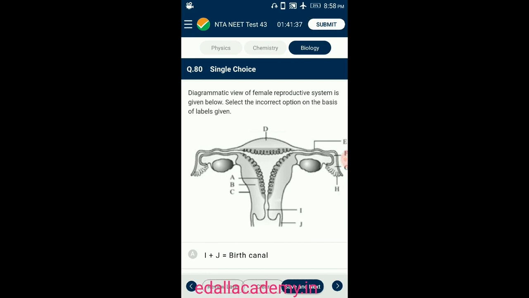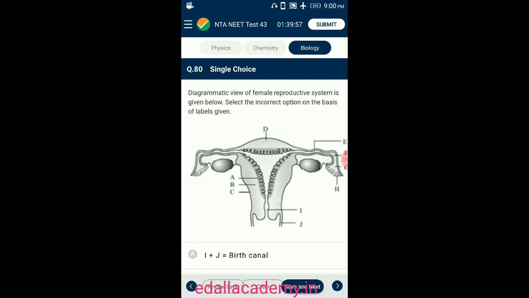Question number 80. Diagrammatic view of female reproductive system is given below. Select the incorrect option on the basis of the labels given. In the diagrammatic representation, A represents endometrium, B myometrium, C perimetrium, D uterine fundus, that is given wrongly.